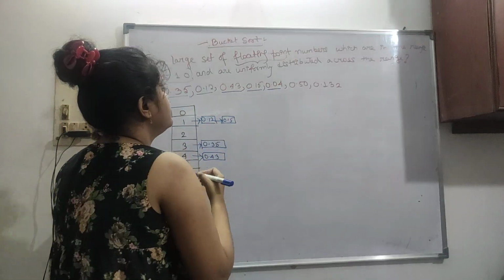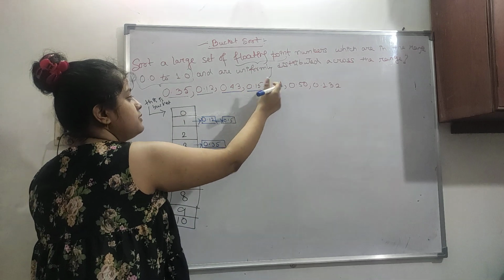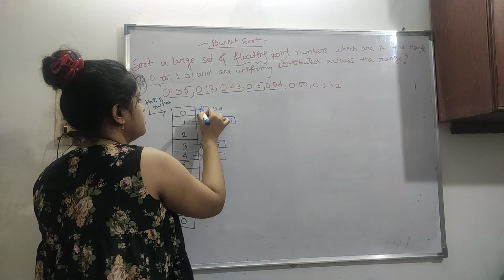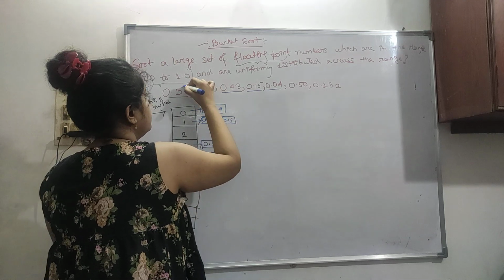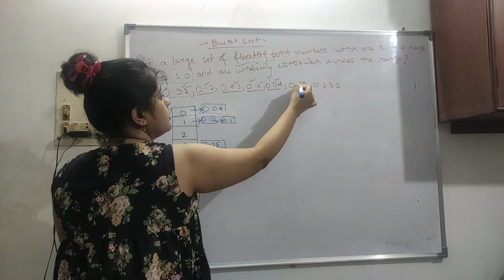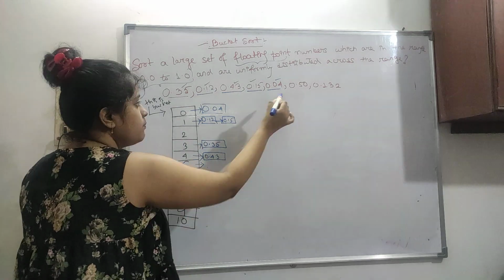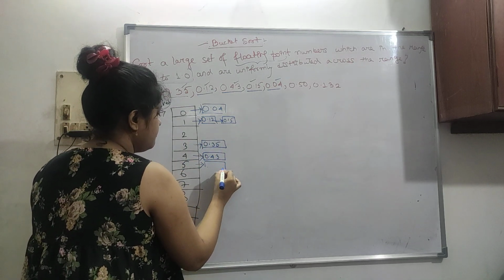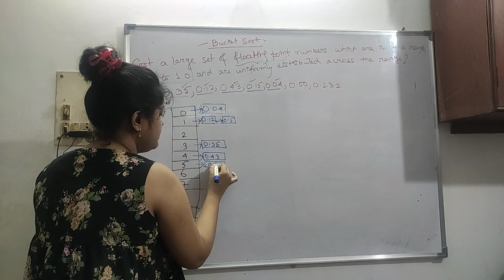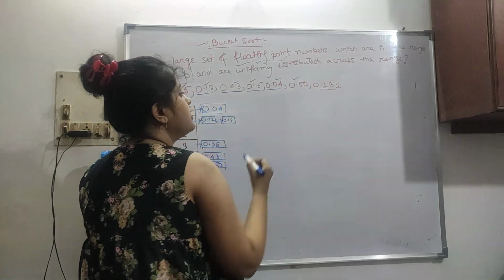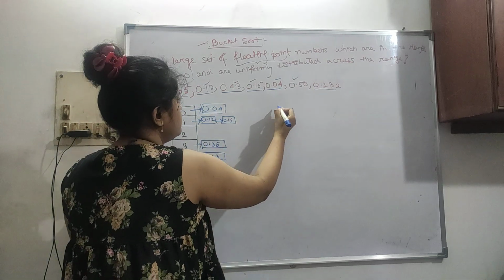Then 0.04. After the radix point 0 is present, so 0.04. Then 0.50. After the radix point 5 is present, so we will place it here. So this is done. Now next is 0.132.